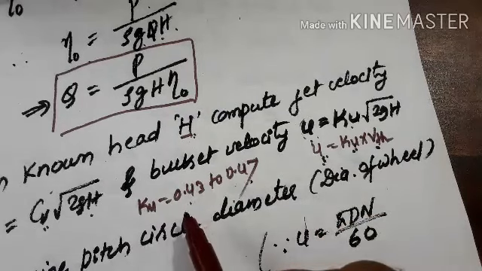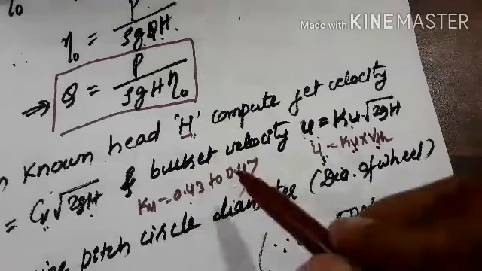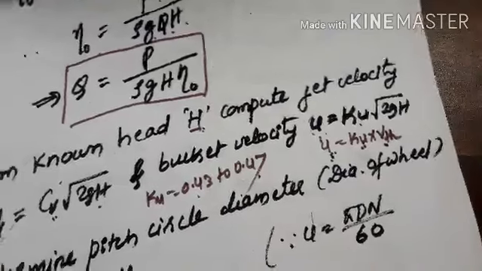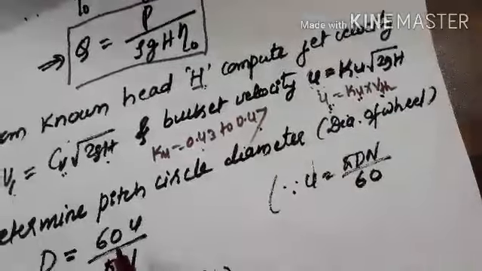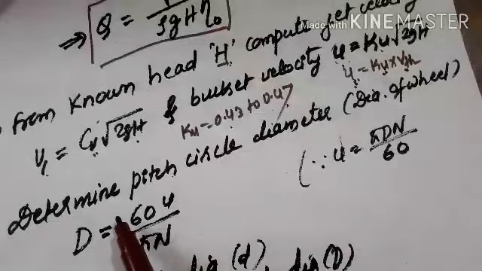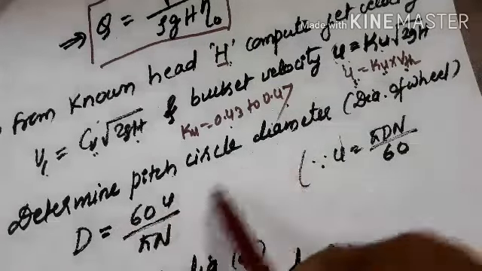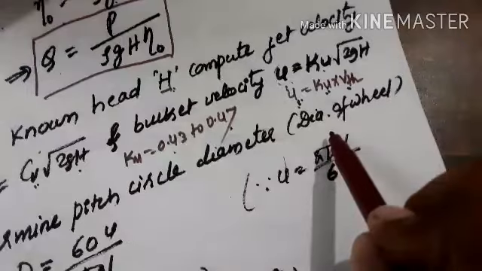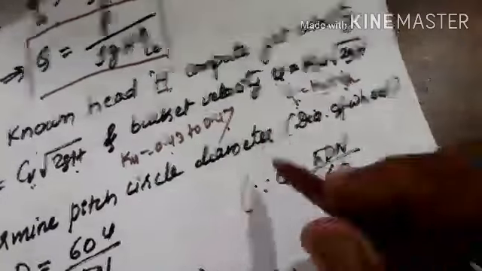So once we calculate the velocity of the bucket or velocity of the wheel, next we need to calculate the pitch circle diameter, or diameter of the wheel.